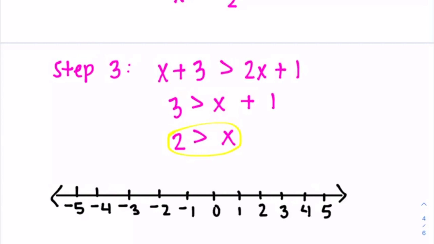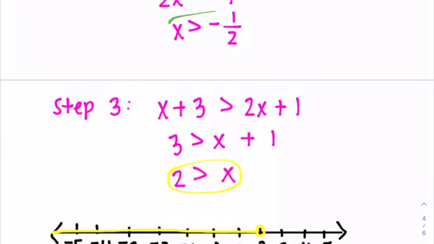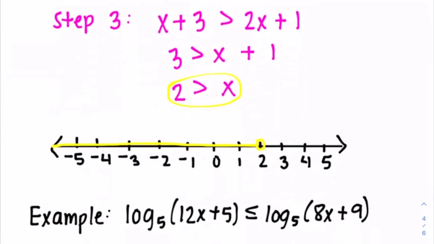First, I'm going to graph x is less than 2. Make sure you have an open circle. Next, we'll graph x is greater than negative 1/2, also an open circle.